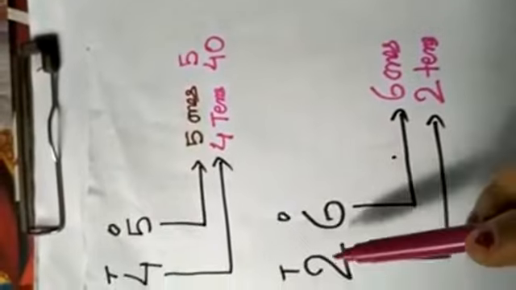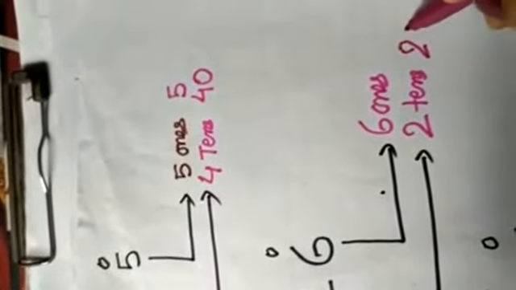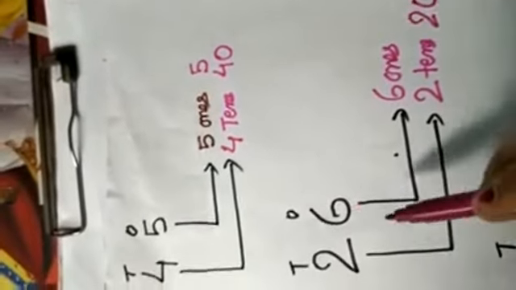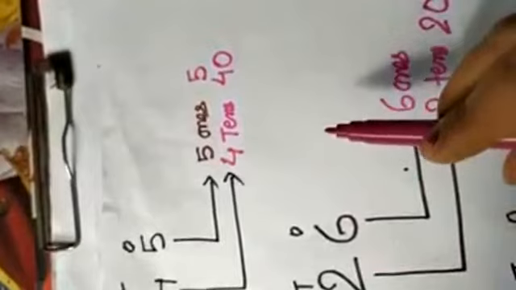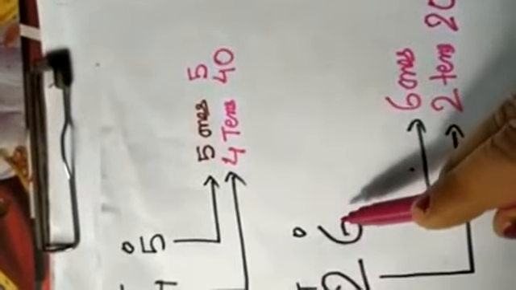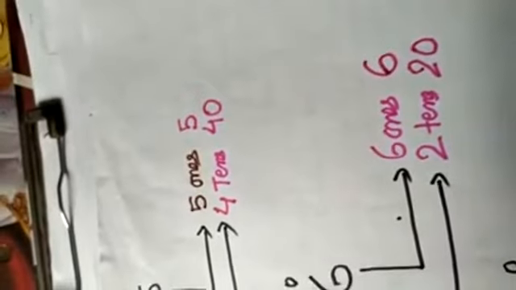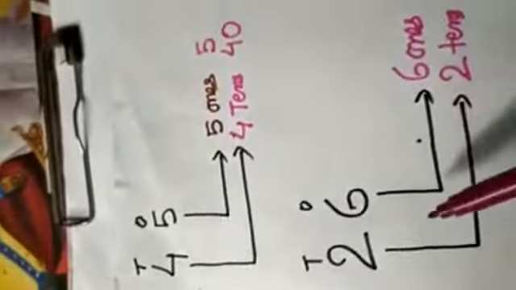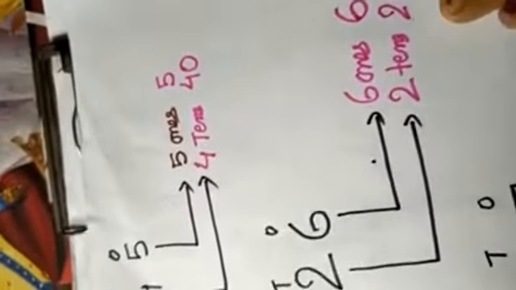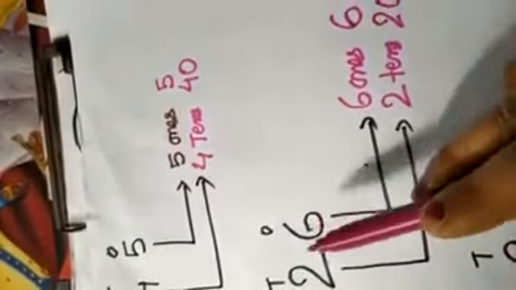Tens place means after 2, one digit, so 1, 0. After 6, no digit, no number. 6 is alone, so we'll write 6. 6 ones, 2 at tens place, 20. This is the place value of 2 and 6.